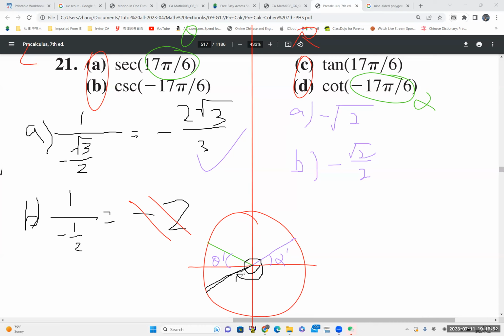Tell me. I don't think it's the correct position. Right, this means 2 pi plus 5 over 6 pi. 2 pi means a whole circle, so you can ignore it.